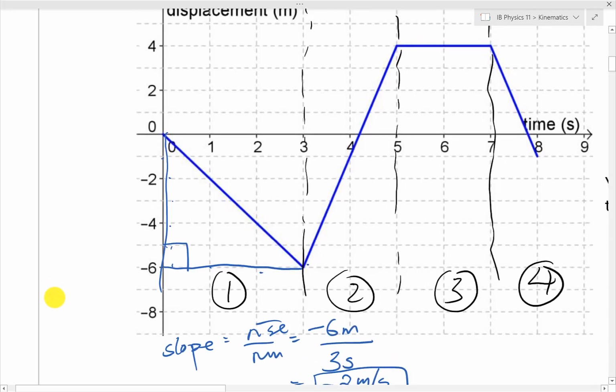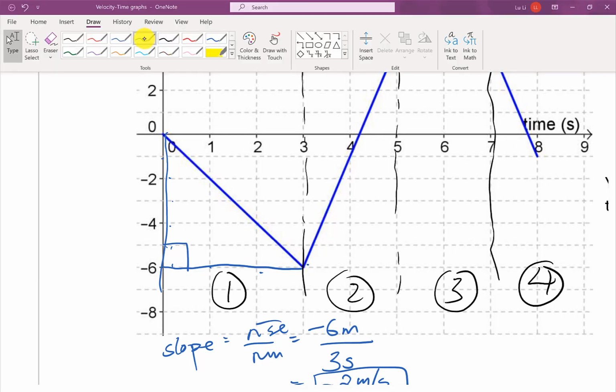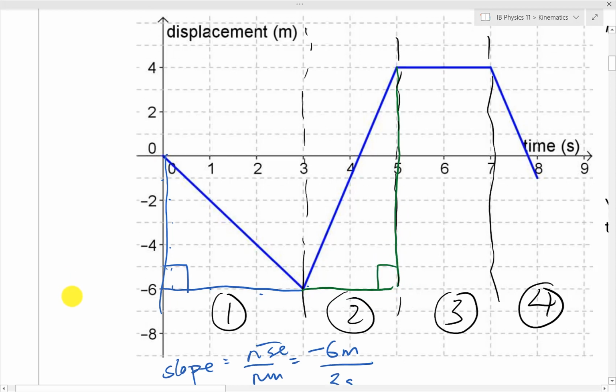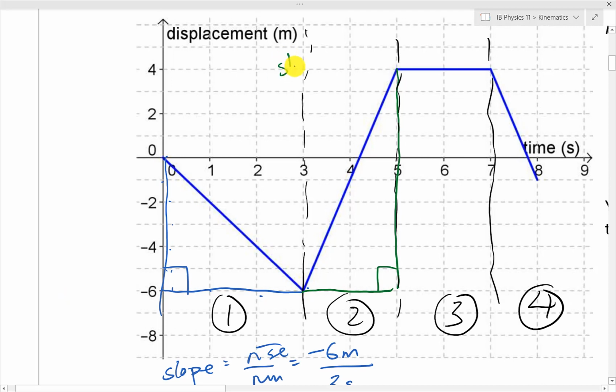Now our second segment, I'm just going to do the calculations all at once and then draw it later. I have now a second right triangle to deal with to find our slope. So here we have slope, and we know this is rise over run. It goes all the way from negative 6 to positive 4.